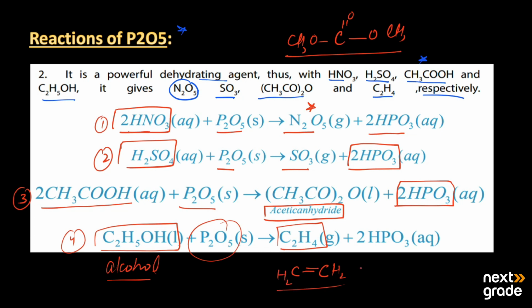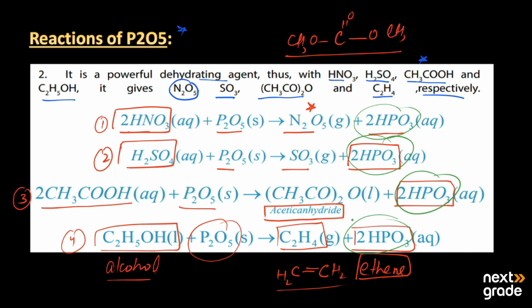This is basically ethene, an alkene, produced along with metaphosphoric acid. So these types of reactions can happen, and among all of them one product is common, which is metaphosphoric acid. So all these reactions can be used for the production of this acid as well.